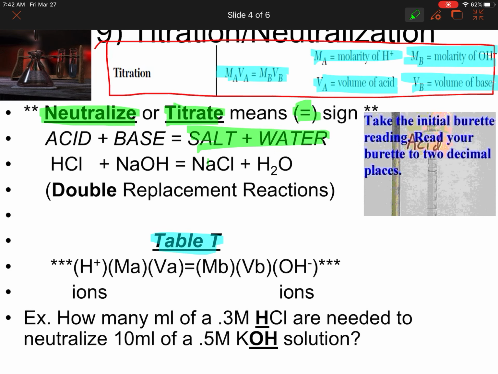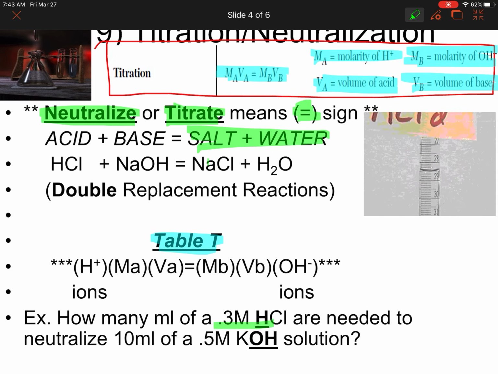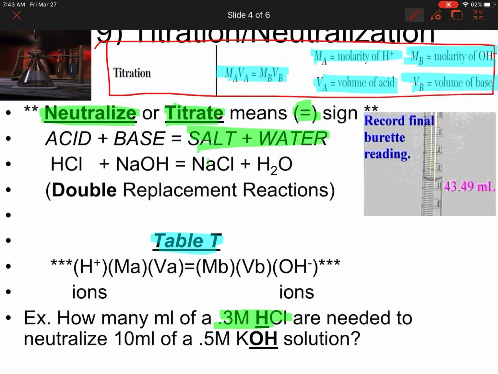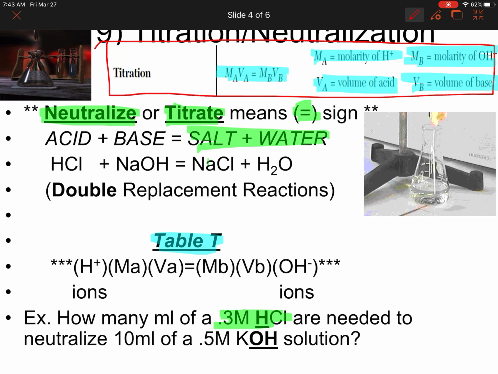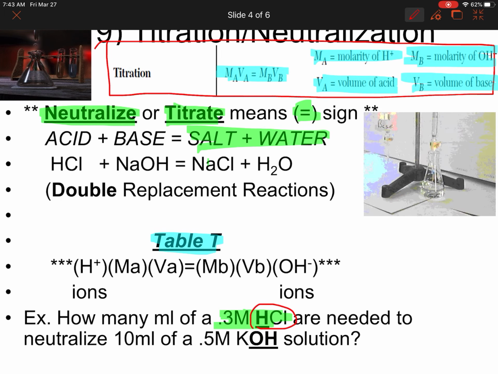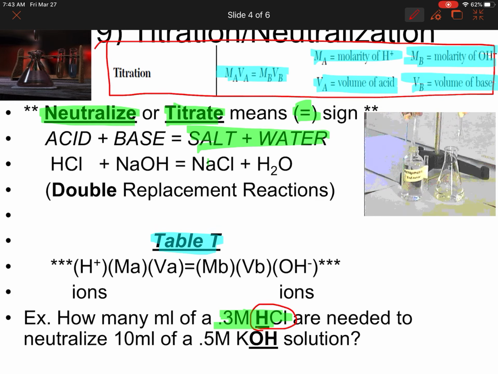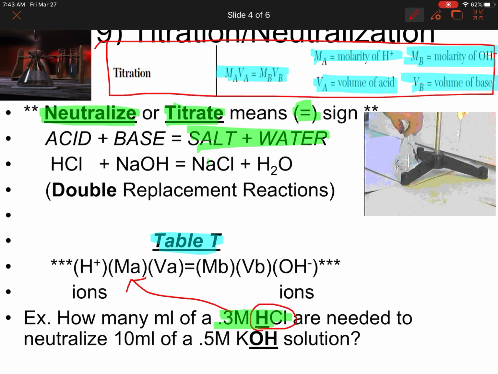Let's look at the question. How many milliliters of a 0.3 molar HCl? So 0.3 molar HCl, well, HCl, is that an acid or a base with the H in front? Well, that's the acid. So this number is your molarity of the acid.